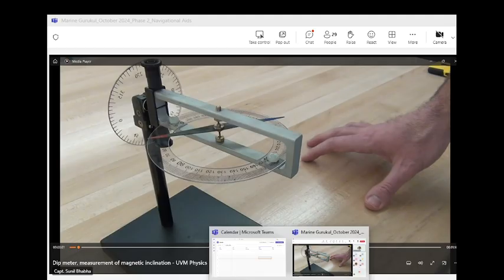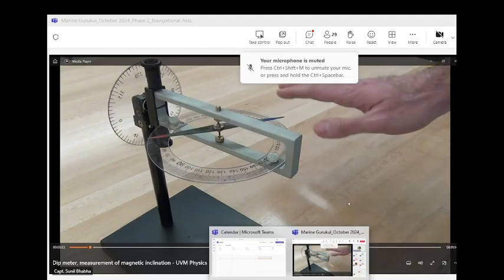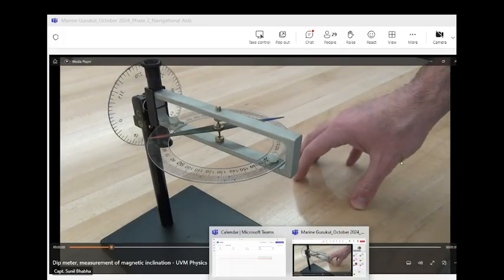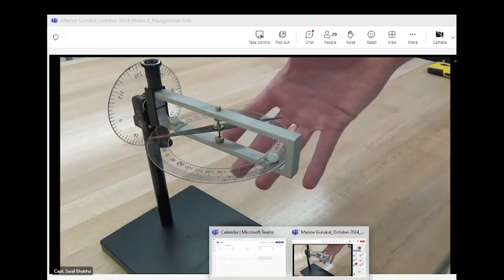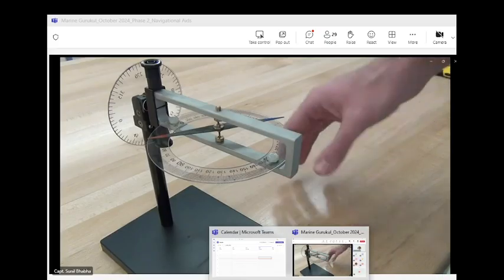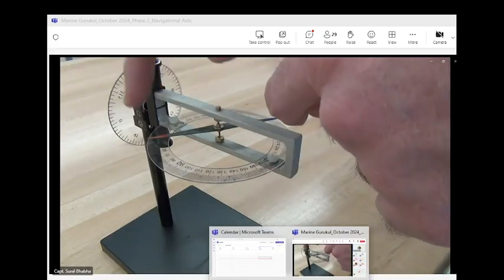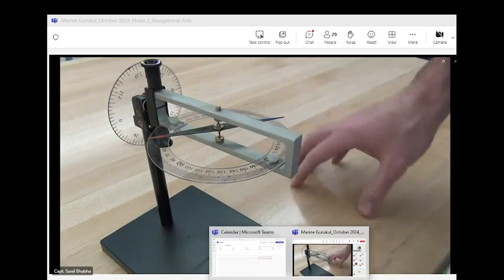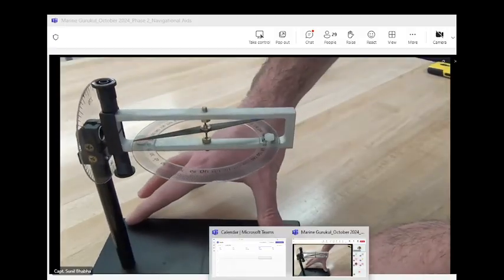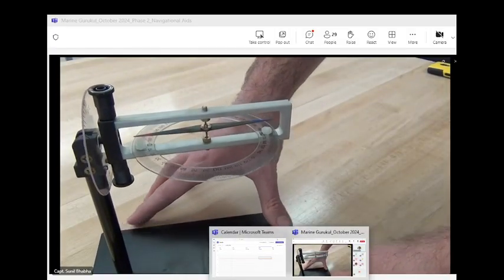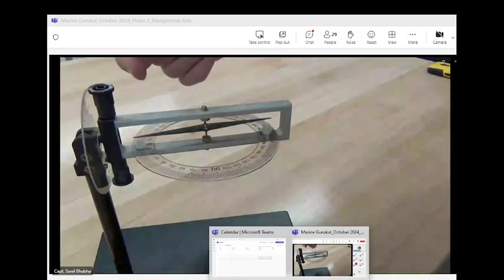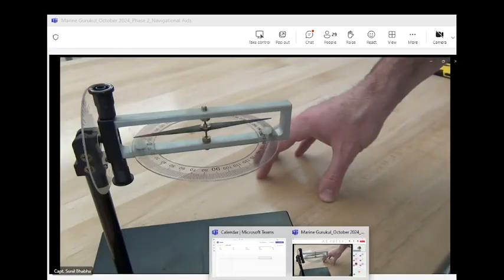A dip, or the inclination, is how much below the horizontal the magnetic field points. And so we need a special type of compass, a dip compass or dip meter, to get that information. So currently the needle can move around in that plane, and will align the rotation axis of the dip meter with the compass needle, such that 0 degrees is at the north end of our magnet.